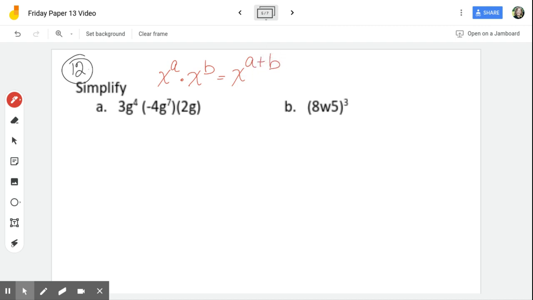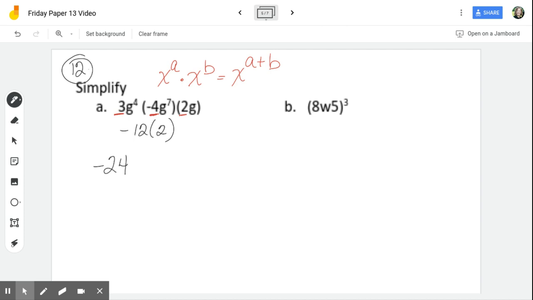The first thing we have to do, though, is look and see if we have any coefficients. If we have coefficients, we have to go ahead and multiply those, because this is really a multiplication problem. So 3 times negative 4 is negative 12, times 2 is negative 24. So that's going to be my leading coefficient. That's what it's called when it's right in the front, your leading coefficient.